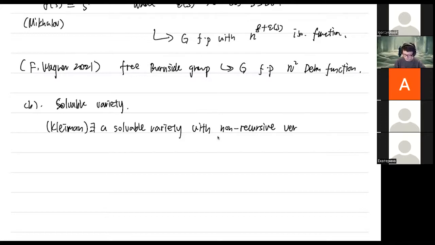So he constructs a variety such that you cannot decide if any word is produced by the identities defining the variety.